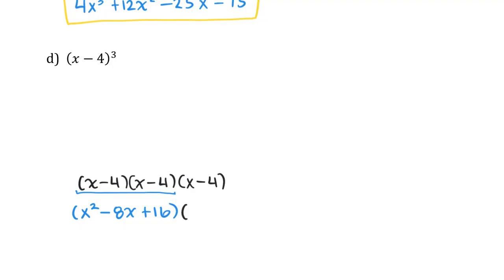Okay, now I still need to times it by the x minus 4. Okay, let's try this now. x cubed minus 4x squared minus 8x squared plus 32x plus 16x minus 64.